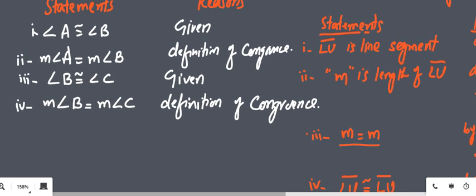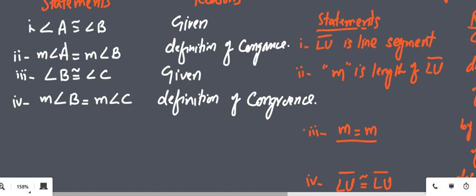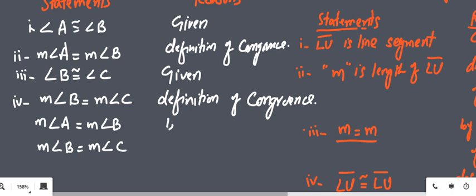Yes. Okay. Now, when we write the measure, it is the equality property. Now, equality relation is congruent. So I can write that measure angle A equals measure angle B, and measure angle B equals measure angle C. I got it by statement 3 and by statement 4.